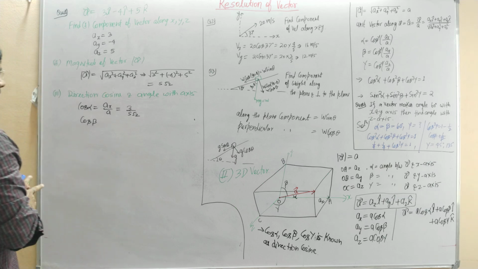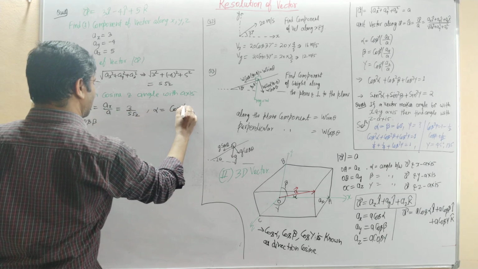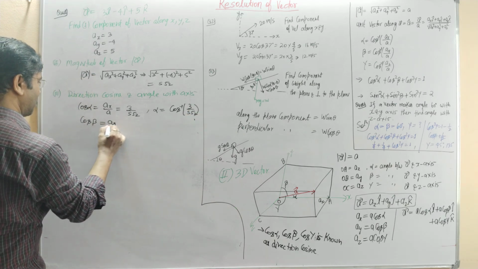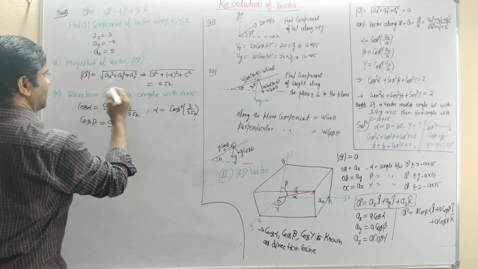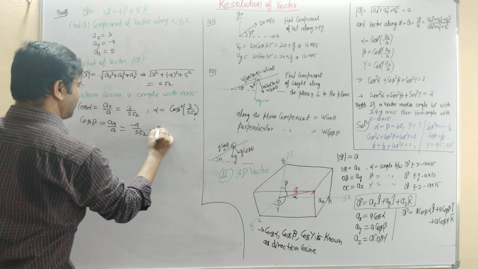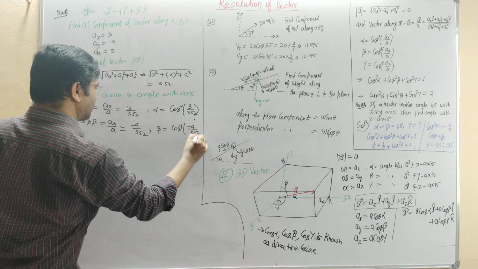Okay. So cos alpha is this much. So what is alpha? Alpha also we can find out, cos inverse 3 upon 5 root 2. Cos beta is ay upon a. Ay is how much? Minus 4 upon 5 root 2. So beta will be cos inverse of minus 4 upon 5 root 2.